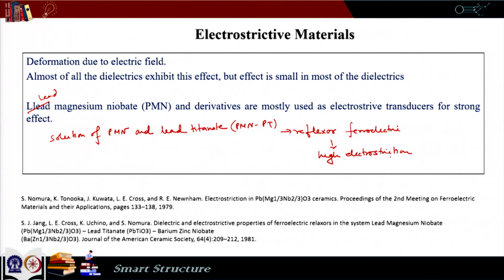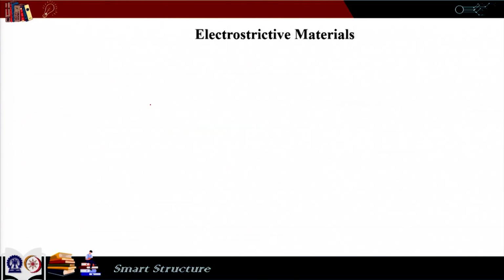So, these are quite popular materials for use as electrostrictive actuators, because we get a mechanical response by giving an electric field. So, they are generally used as actuators. In electrostrictive materials, if we give an electric field like this, then generally we get a response in this form.